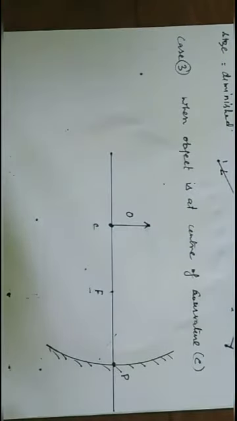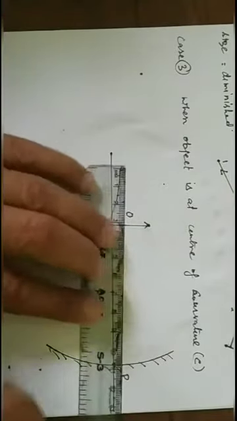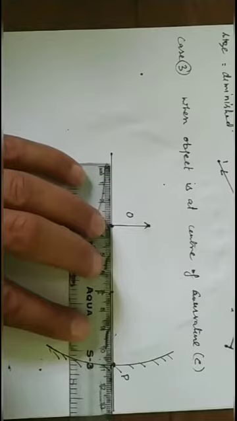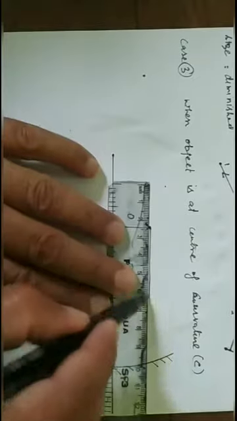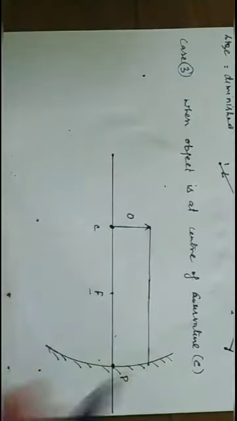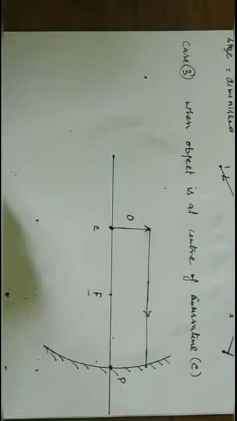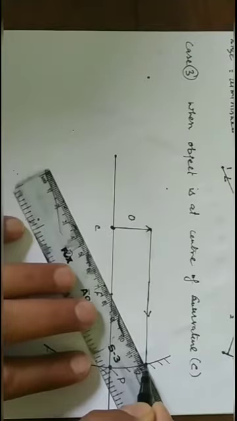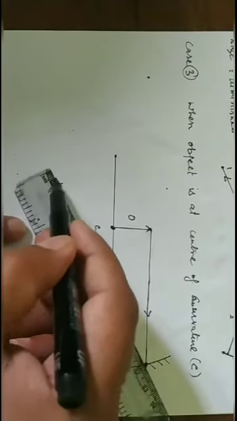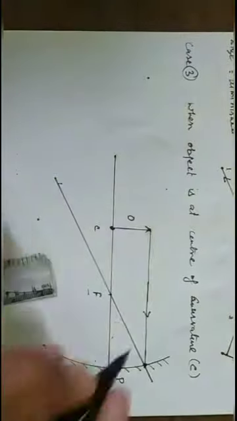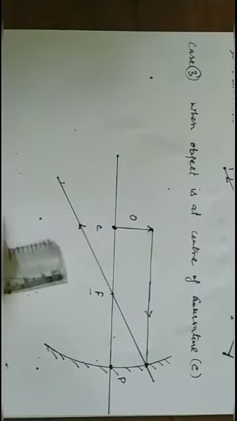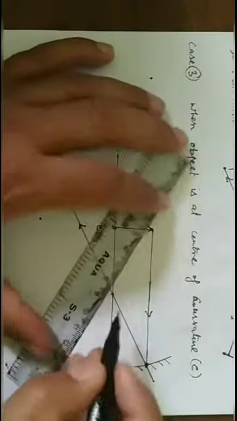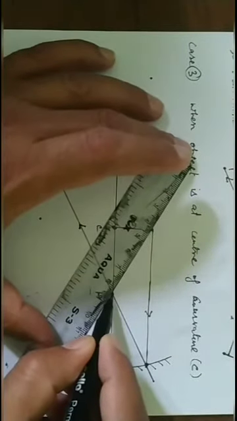Now I will draw the two rays whose rules are known to me. The first rule: any ray which is parallel to the principal axis. So I'll draw a ray parallel to the principal axis. This is our incident ray, and the reflected ray will pass through the principal focus. So this is our reflected ray. Second ray, I will make it pass through the principal focus.